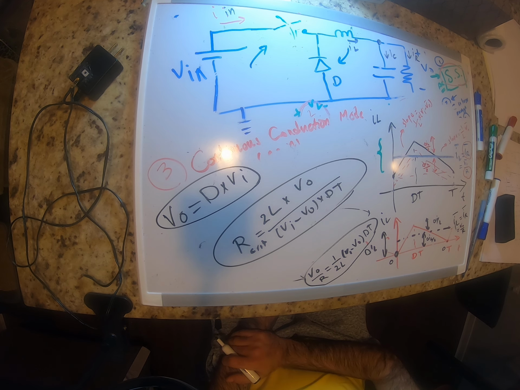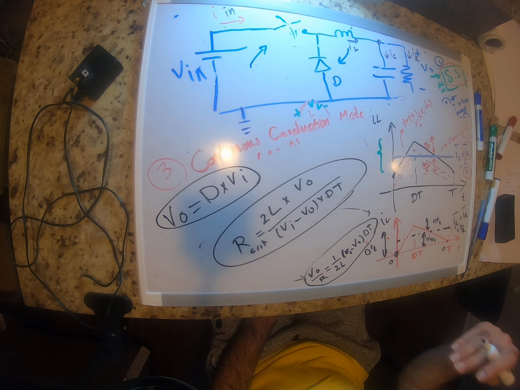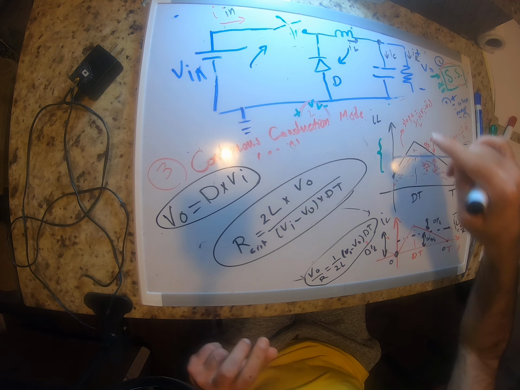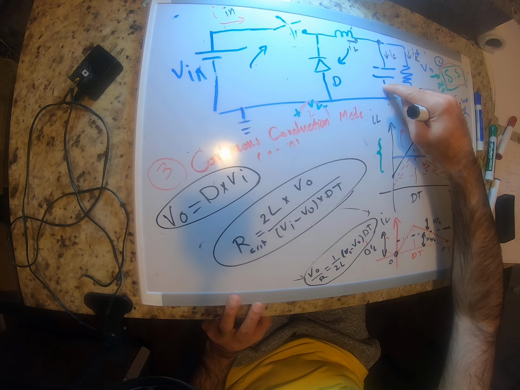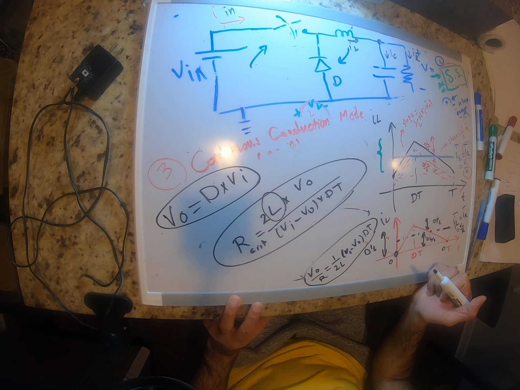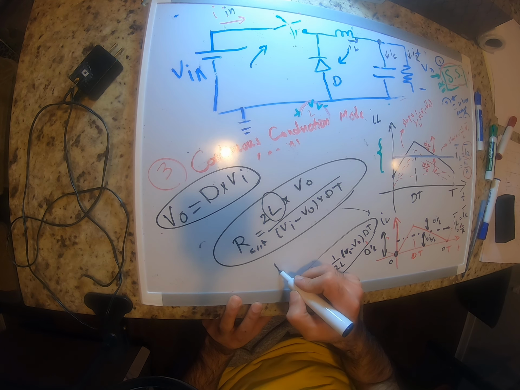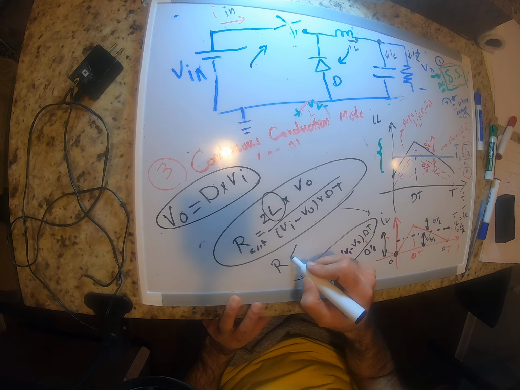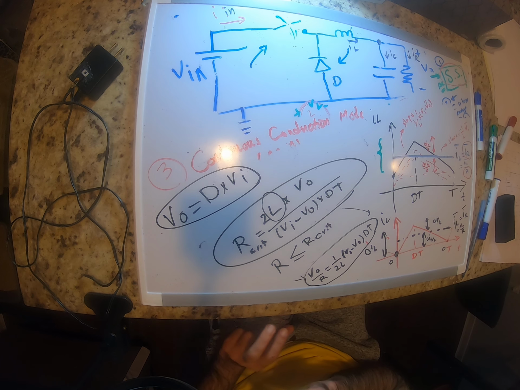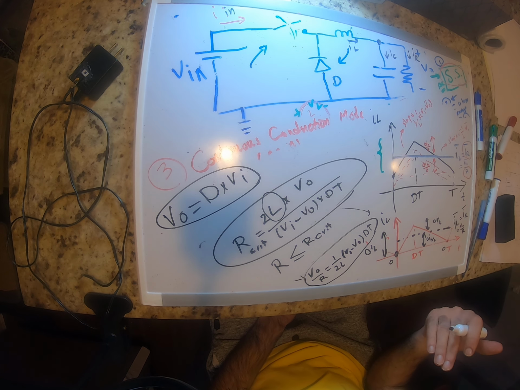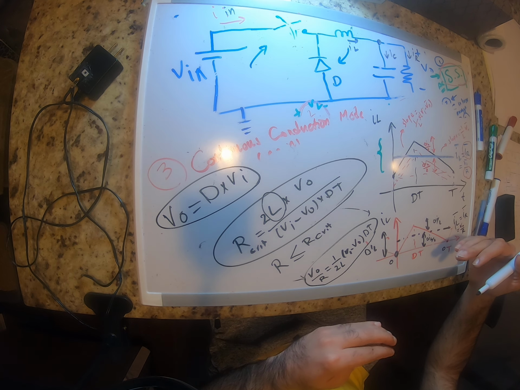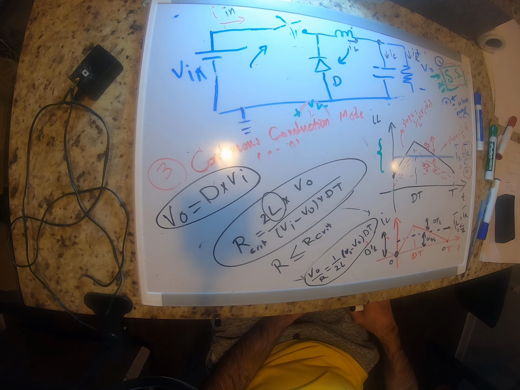Why is this called critical? Because if we want to use the formulas that we just saw, if we have a fixed inductor and a fixed capacitor, and the value of the inductor is known, we have to make sure that our resistor value is always smaller than or equal to the critical resistance. Otherwise, if you increase R further than this point, then we're not going to be in the continuous conduction mode.